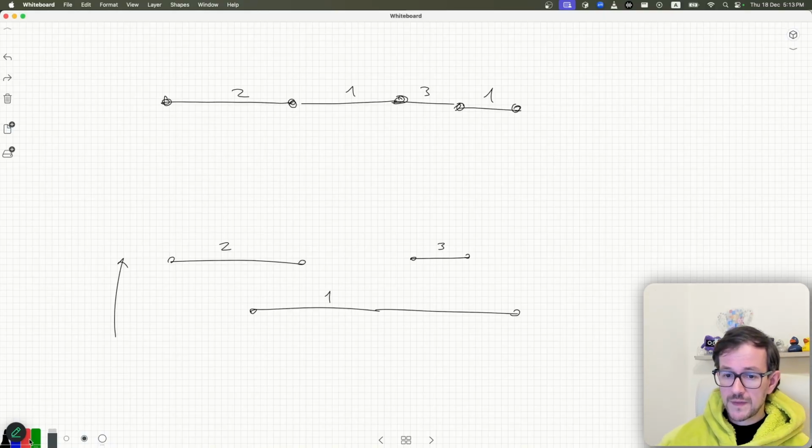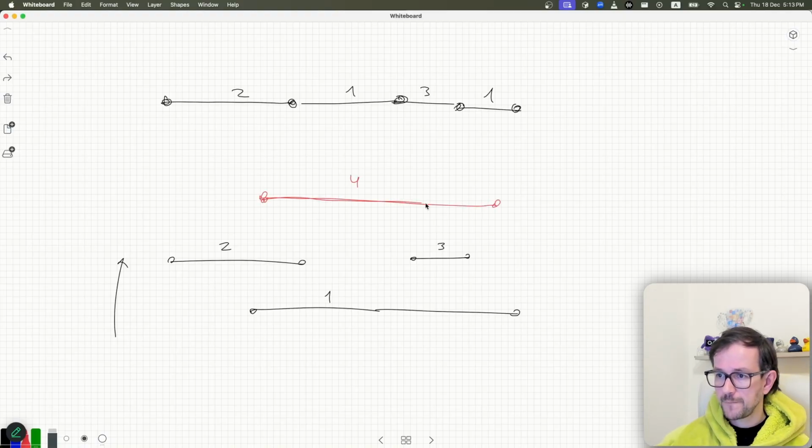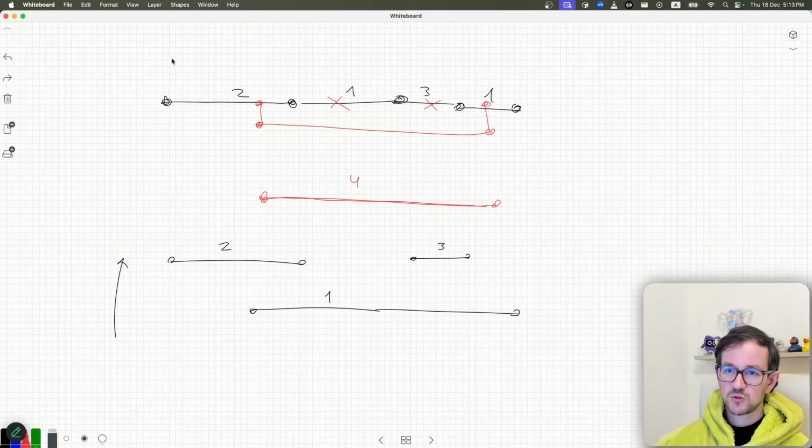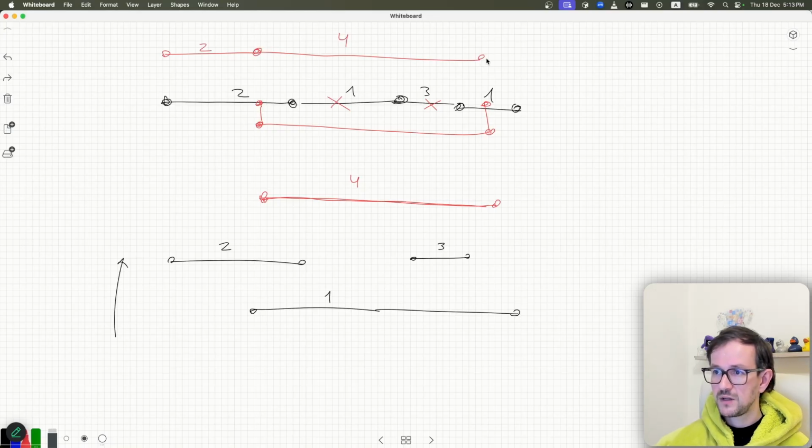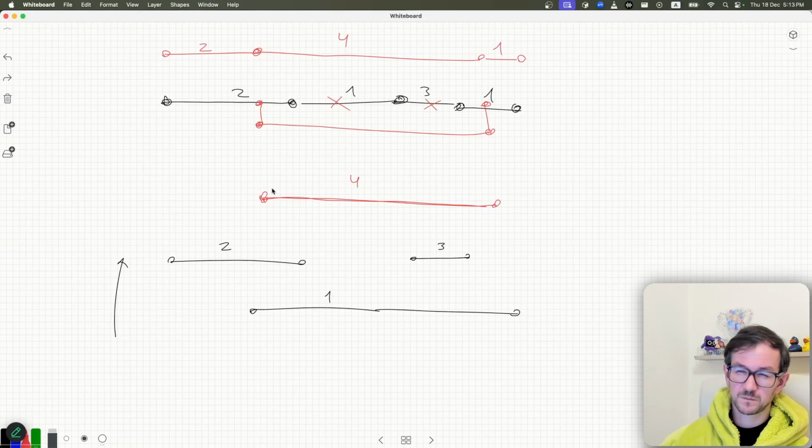When you add another segment, like segment 4, you can update this picture. You take all the segments which you intersected, replace them if they're completely covered, and insert your segment 4 here. After that you have segment 2, here you have segment 4, and here you have the rest of segment 1.